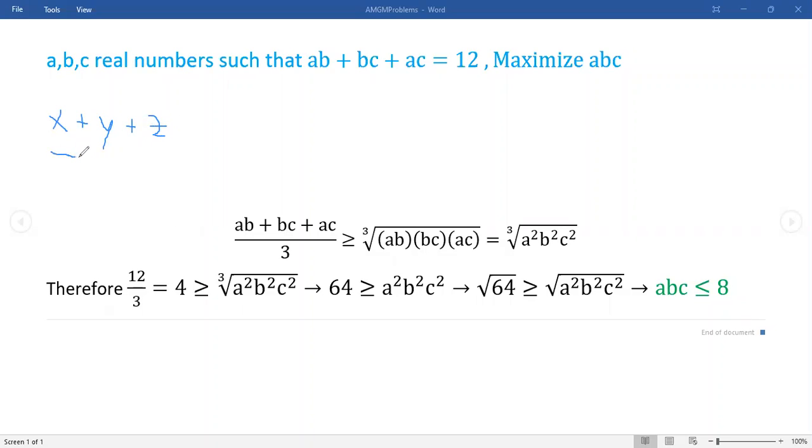This is sometimes abbreviated AM, arithmetic mean. So this is the AM of the AM-GM inequality.